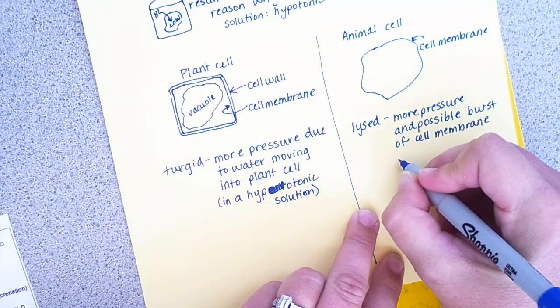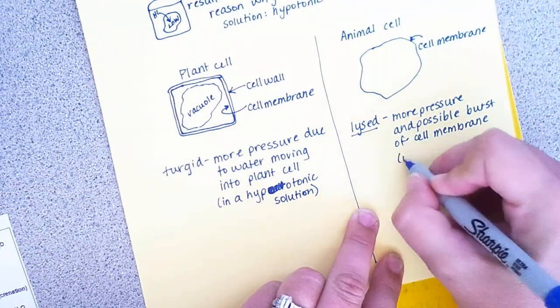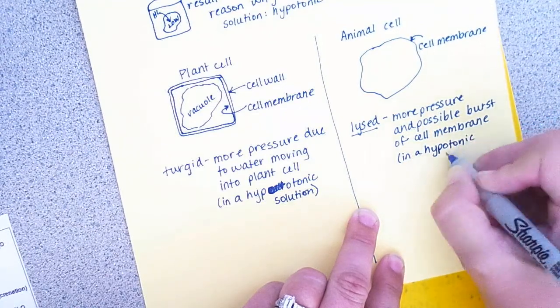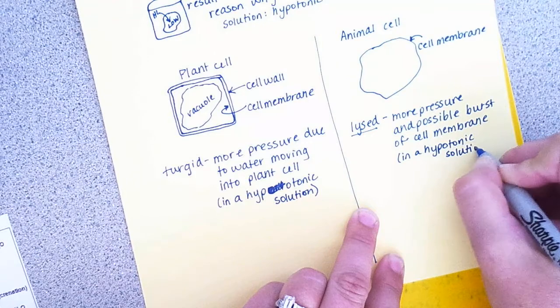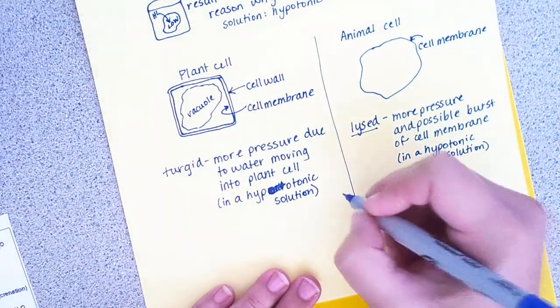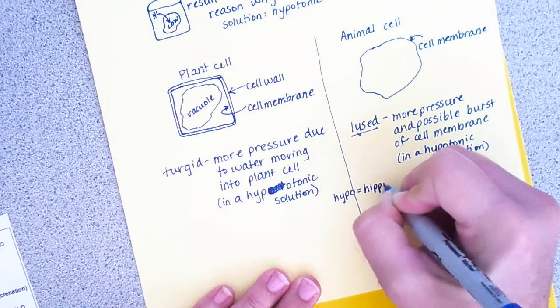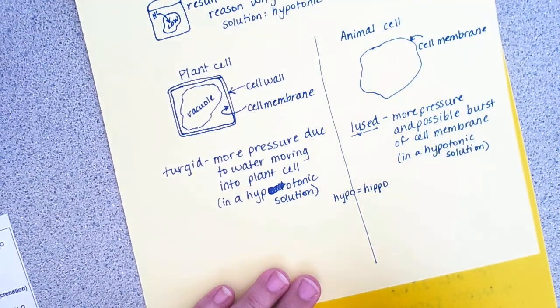And we called that lysed. It is in a hypotonic solution. If you remember, I used in class the idea that hypo gives you a hippo. It makes the cell get really big.